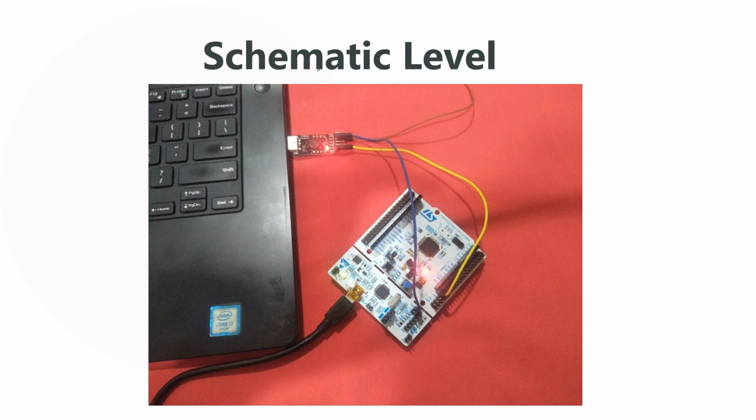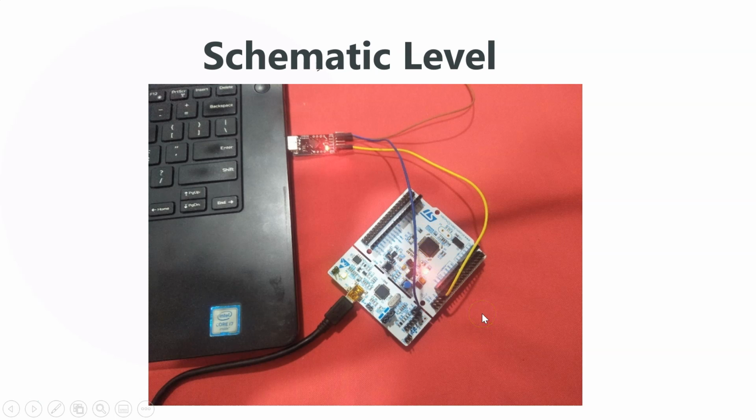One of those pins is the TX, the transmit pin from your Nucleo board, which I am connecting to the RX, the input of this USB to UART, and I'm observing the data coming from the Nucleo to the computer. Obviously, before this you've got to have a program that writes some data to the UART peripheral of your microcontroller.